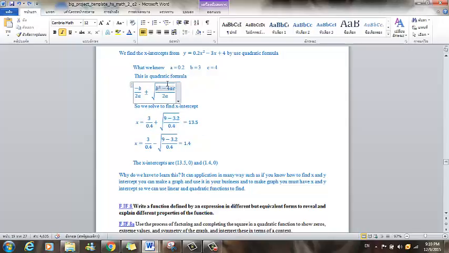And you input everything. B squared, B is 3, 3 squared is going to be 9. Minus 3.2 divided by 0.4.